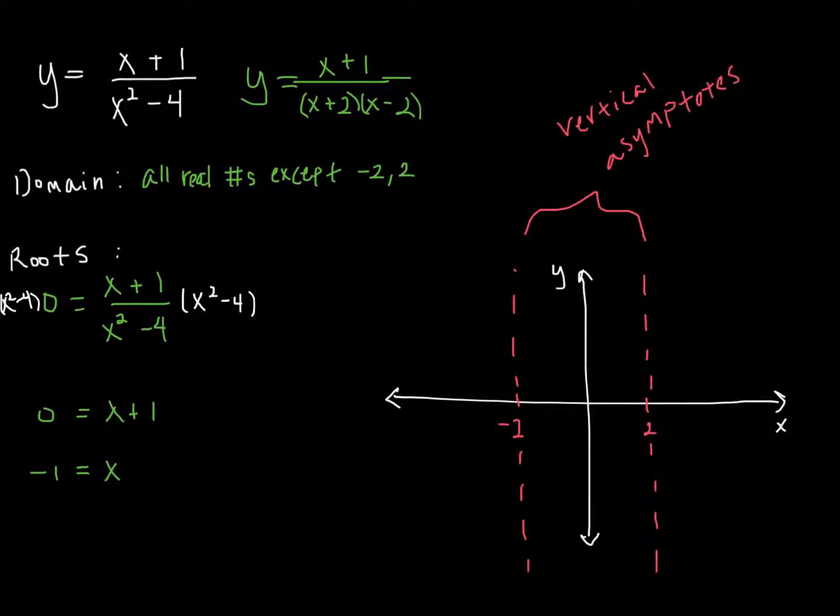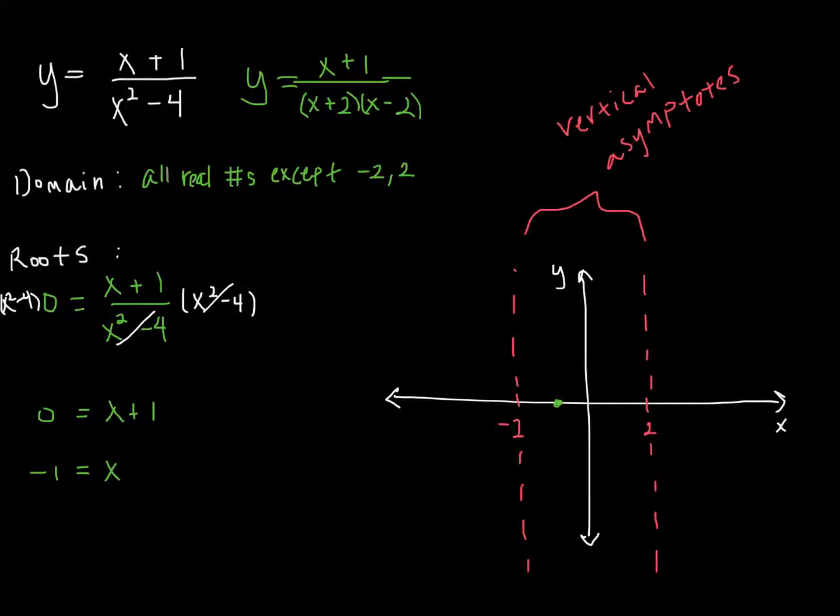And notice that anything times 0 is still 0. And x squared minus 4 over x squared minus 4, that's going to be equivalent to 1, so long as x is never 2 and negative 2. And so we're left with x plus 1. And so our root is at the x value, negative 1. So now we can actually plot this point here. There's our root.